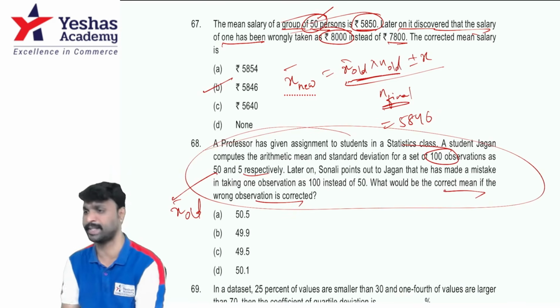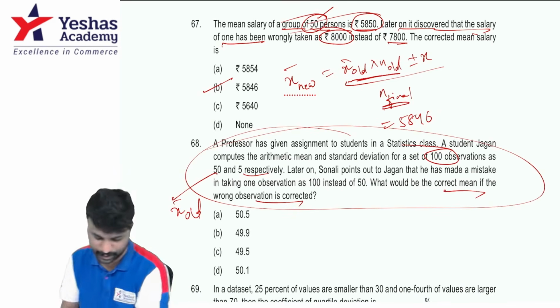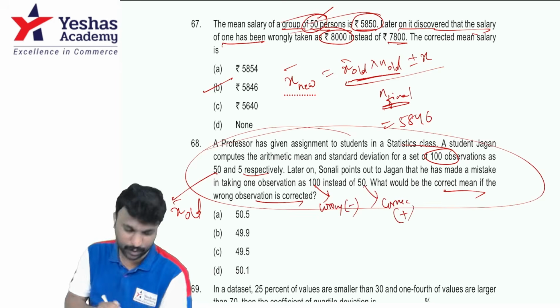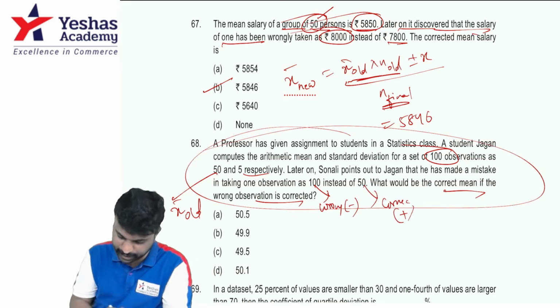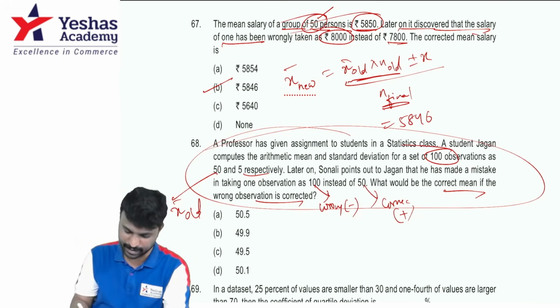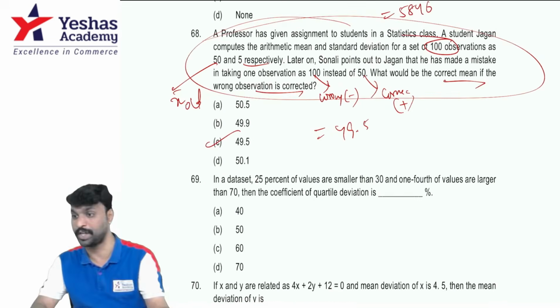The wrong observation is 100, so the wrong has to be subtracted. The correct observation is 50, which has to be added. So use the calculator: x bar old 50 into n old 100, minus 100 for the wrong observation, plus 50 for the correct observation, divided by 100, because the number of observations remains 100 when you're replacing the wrong by the correct. The answer is 49.5. With one shortcut, we can solve these two questions, right?